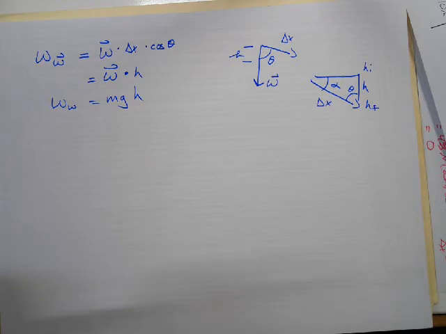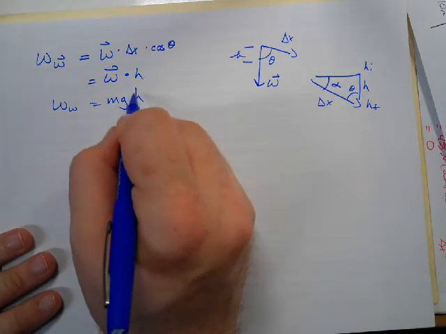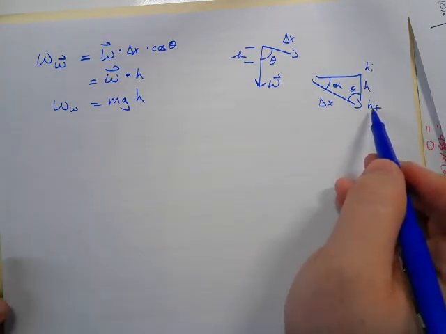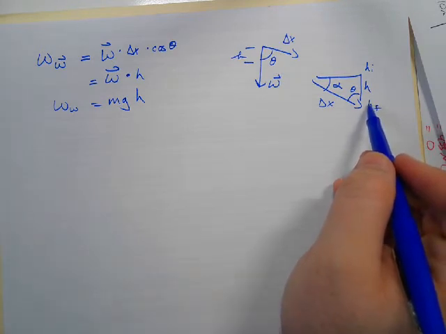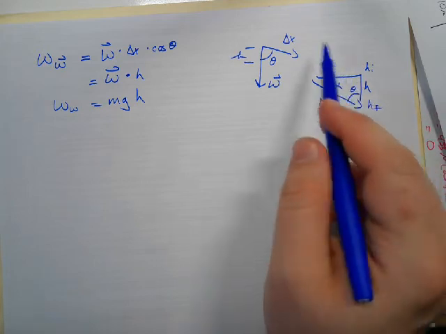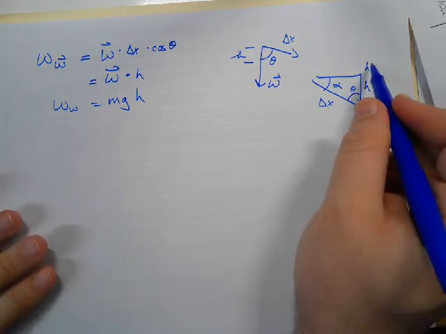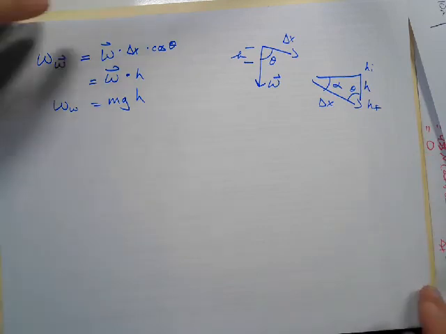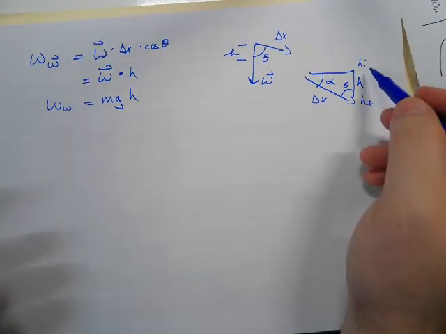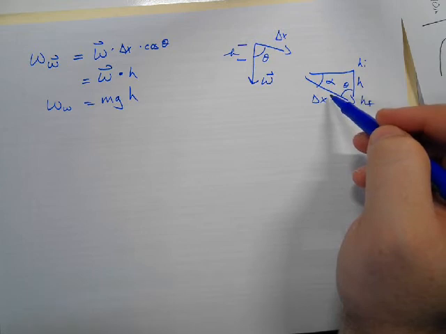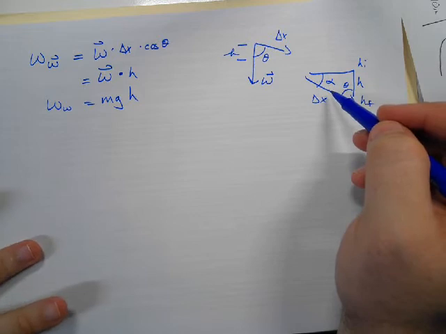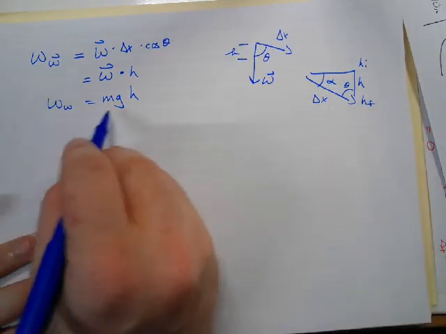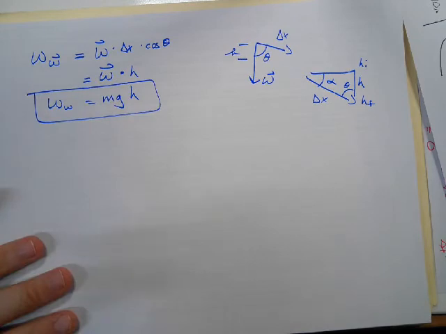So the way we define things, we want to be very careful how we're trying to define what's going on here. Our delta x is always defined as final minus initial. So we would have h final minus h initial in a sense. I don't know how to express this. It's kind of weird.